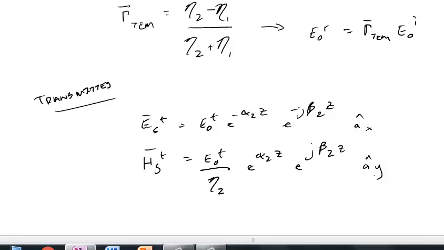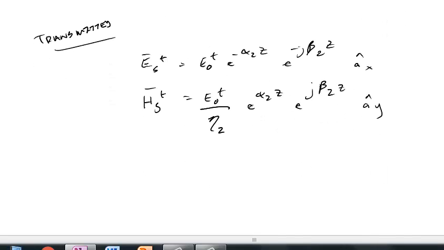We can relate the magnitude of the transmitted electric field component to the incident electric field component through what's called the transmission coefficient, tau. And for the TEM mode, tau is equal to 2 times eta 2 over eta 2 plus eta 1.